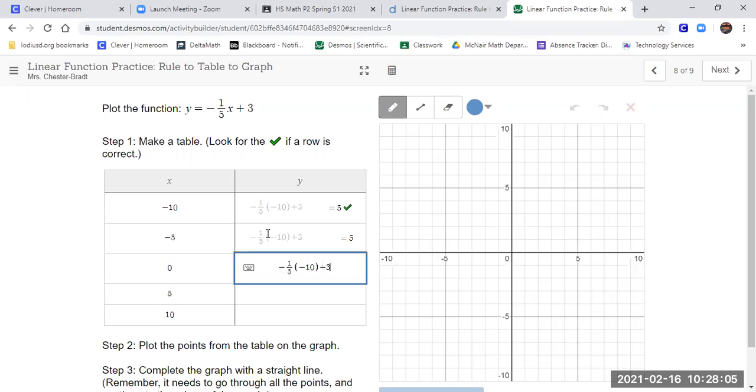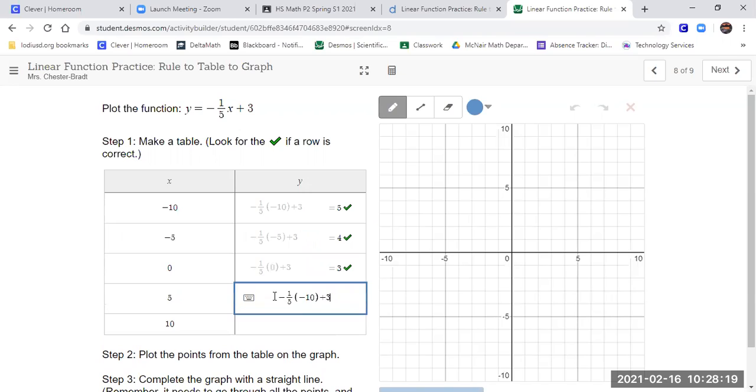That plus 3. Oops, I forgot to change this to a -5 and it told me I was wrong. I know I was wrong because I didn't get a check mark. So when you're copying and pasting, if you don't get a check mark, you forgot to change something.